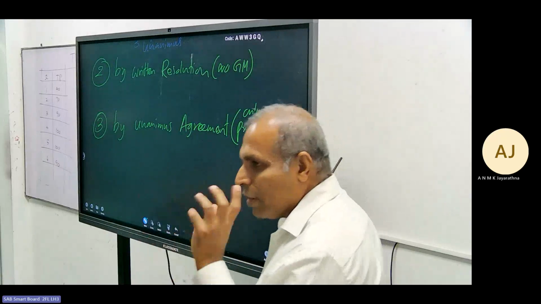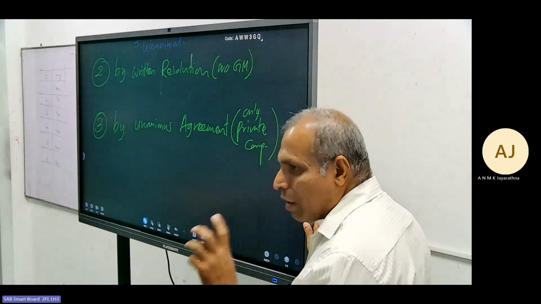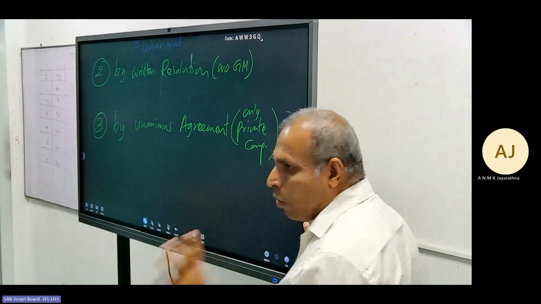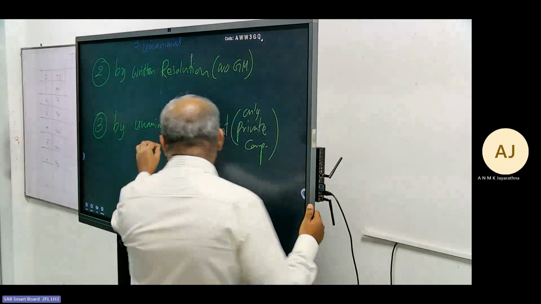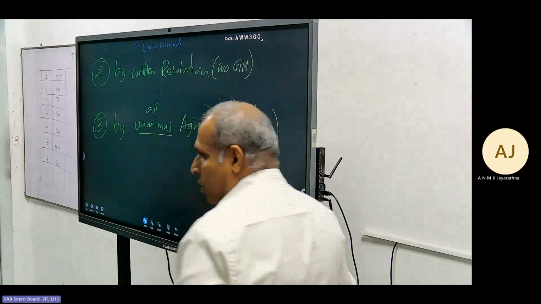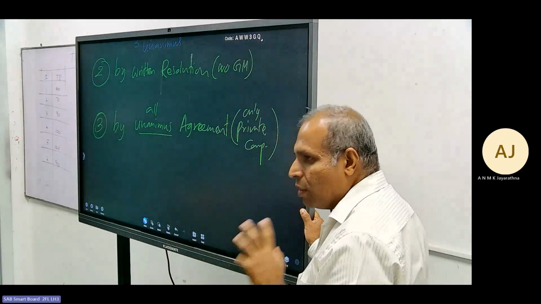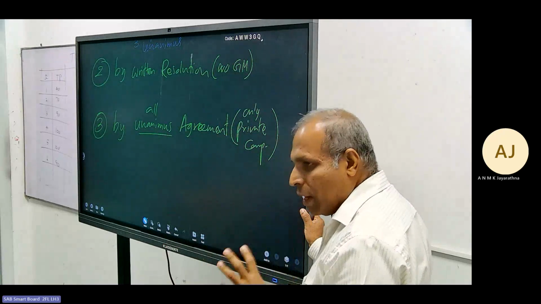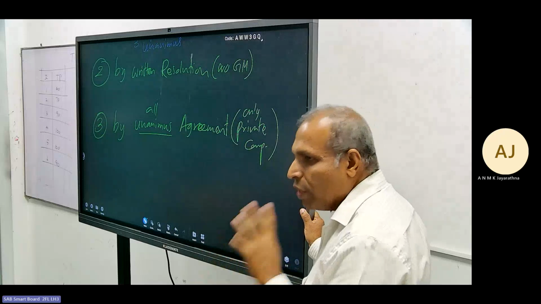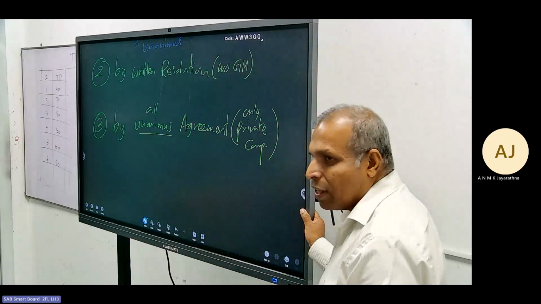In a private company, there is a special feature: an agreement in writing, signed by all the shareholders. With it, the company can make any decision, even though it is not compliant with the provisions contained in the articles.